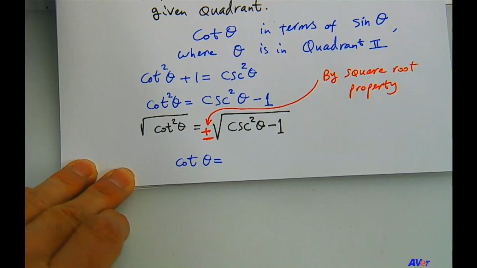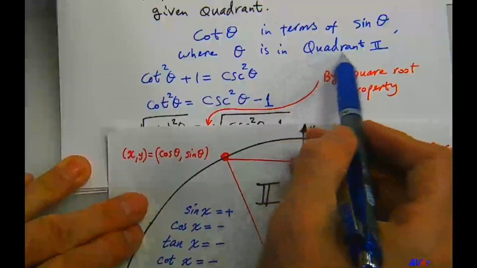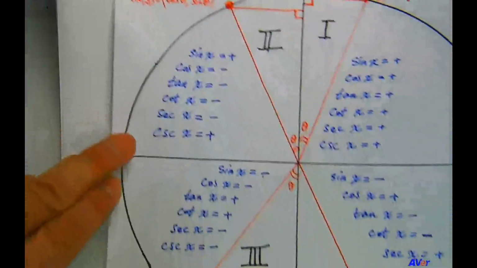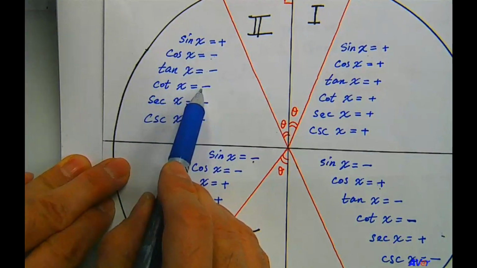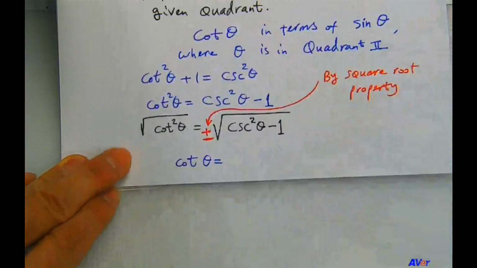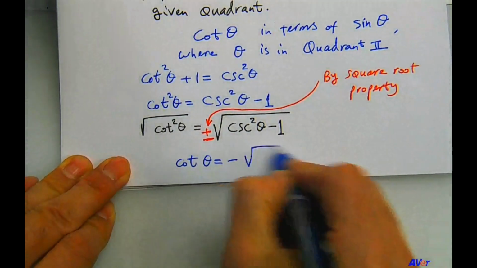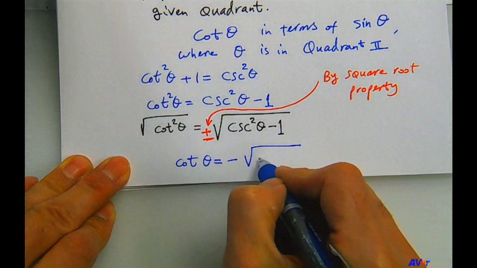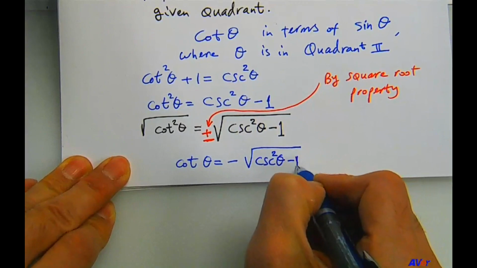Well, if you said minus, you are absolutely correct, because a couple of minutes earlier we decided that in the second quadrant, which is what this is, the cotangent is negative. So we cannot accept the positive answer. So we have minus square root of cosecant squared theta minus 1.